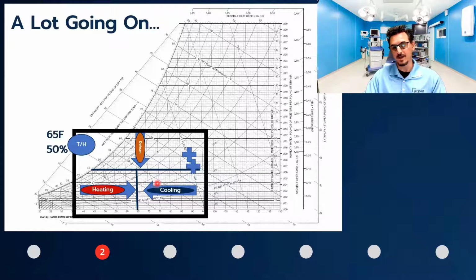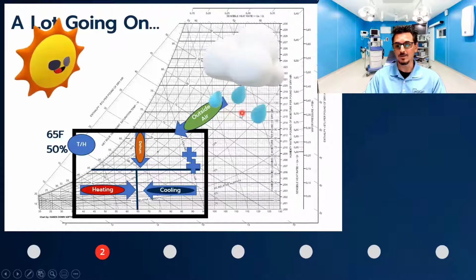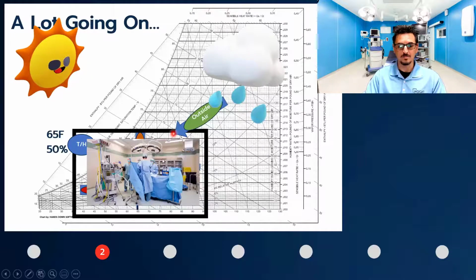In addition to that, we have to maintain a positive pressure in the space relative to the adjacent spaces. We have to bring a lot of OA into the operating room. Relative to the size, it's a pretty heavy OA load, and it's constantly changing, because you have cool, rainy days at part load and hot, sunny days at full load. Then you have all this going on in the space: people, lights, filtration units putting heat in, sterile equipment.